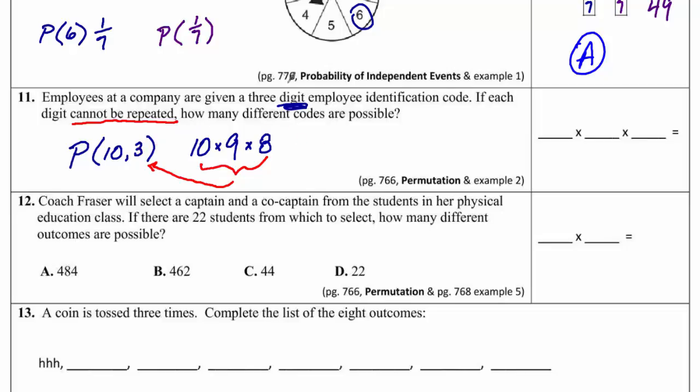The 3 tells us how many of those things we're looking at. And so we would multiply these together. 10 times 9 is 90, times 8 more is 720. There are 720 different code possibilities for those employee IDs.